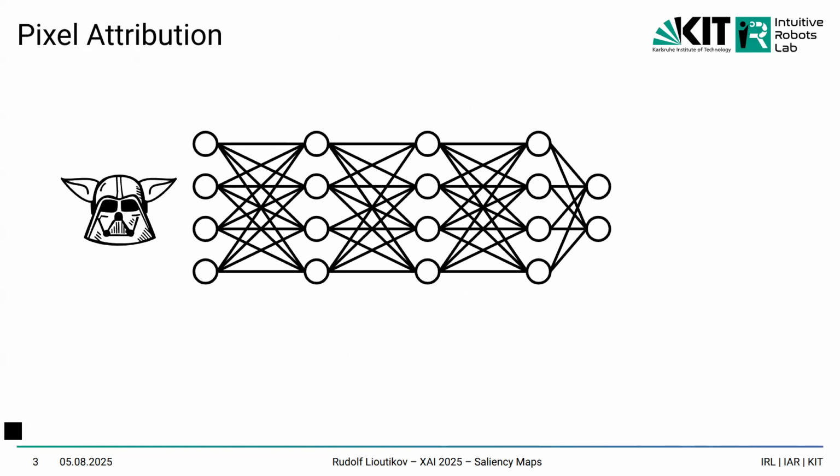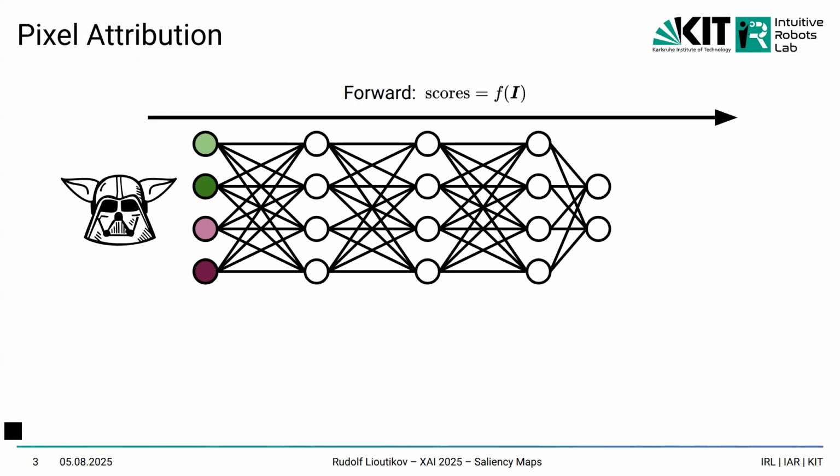So what does pixel attribution mean? If we again take our ambiguous case of Vader, Yoda, whatever that might be, we have certain values for the pixels and we propagate them through the network, and we end up with something that we refer to as scores. If you have a classification problem, usually you have a categorical distribution at the end, which consists of different elements for each class, right?